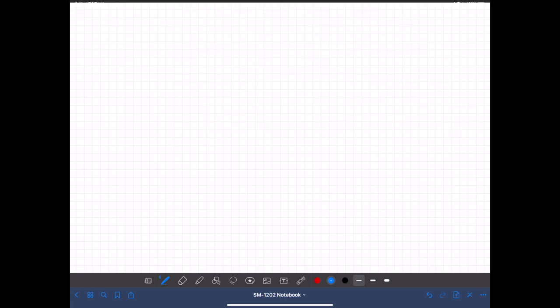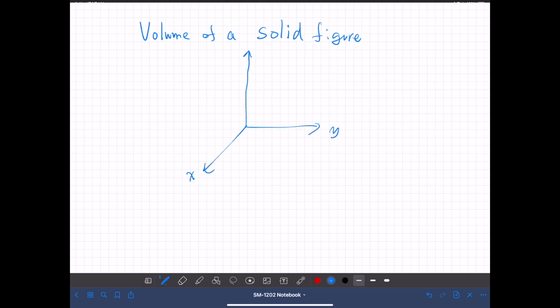Okay, the next application is the volume of a solid figure. So that is in three-dimensional space. Let's see, we have x, y, z. So this is R cubed. We have some shape, it's a solid shape, which is three-dimensional, something like this.